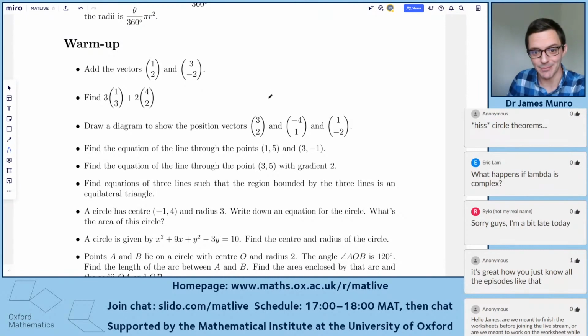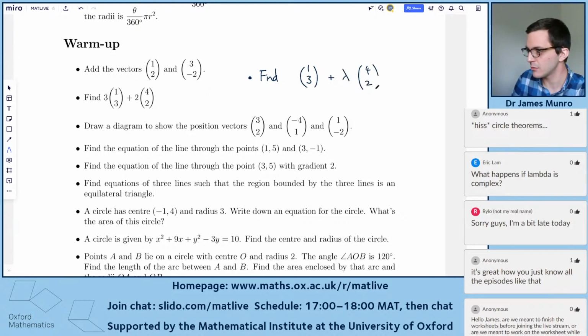Okay, warm-up problems. If you want to practice doing stuff with vectors, you can do some practice problems up here. Here's another one. If you've just seen that formula for the equation of a line for the first time ever, I'd like you to work out what this is, and then plot those points for all values of lambda.